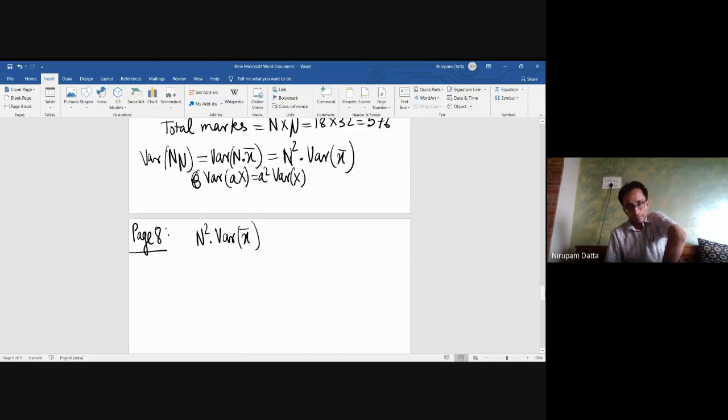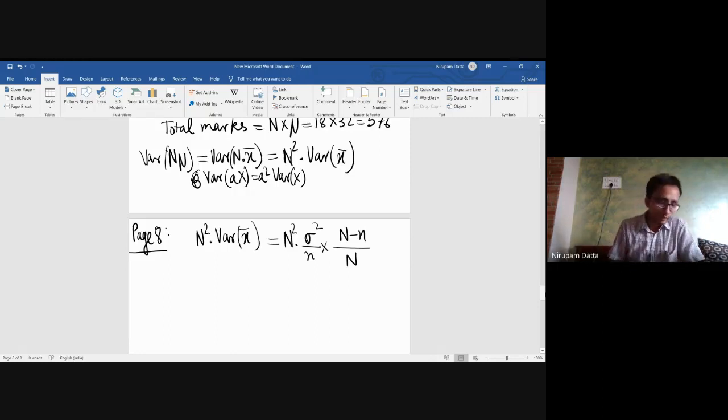The variance of the sample mean is given by sigma square by n into N minus n by N. Now N square and N cancel, so we get N, and this can be written as N sigma square by n into N minus n.